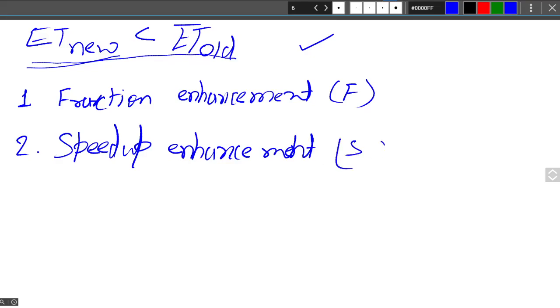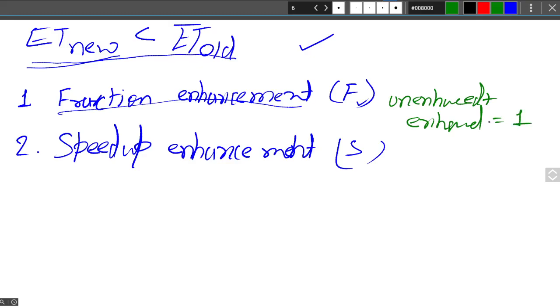Let me take it as S. If F is the fraction that undergoes enhancement, then the total is 1, so F is a portion of 1. It may be 0.5, 0.2, 0.6 or 0.9, right? So the unenhanced plus enhanced portion will total to 1.